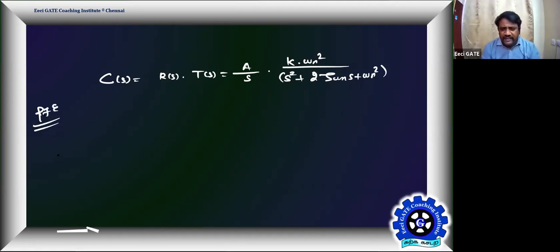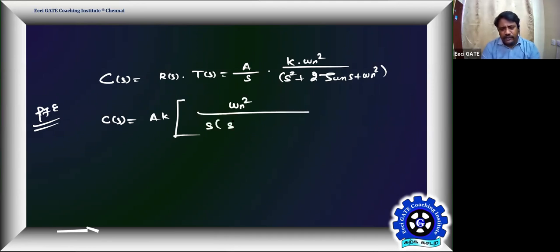It's not as easy as the inversion for our unit impulse response. Then C of s can be written as, let me take a k as common, and the rest I can keep within the brackets: omega n square by s into s square plus 2 zeta omega n s plus omega n square.